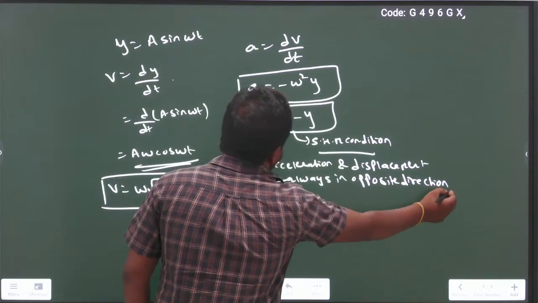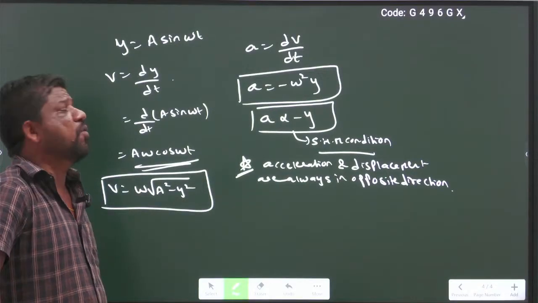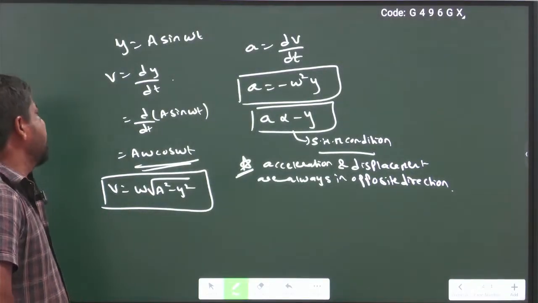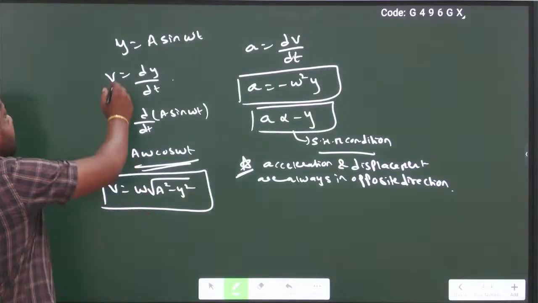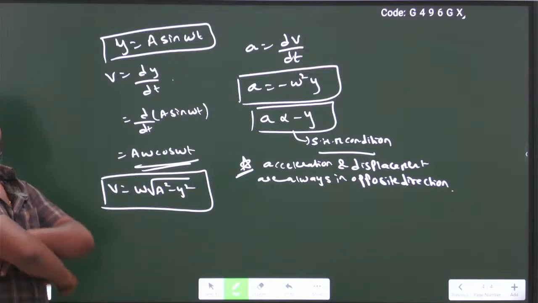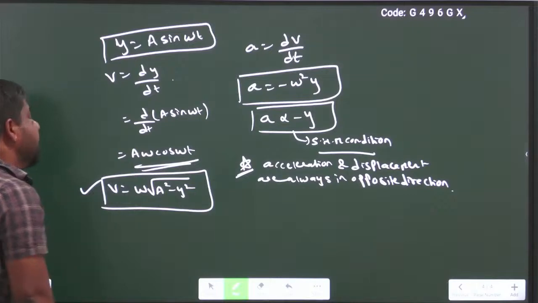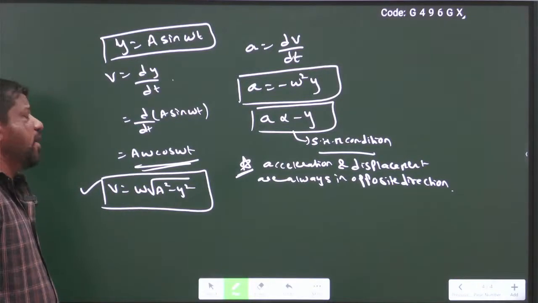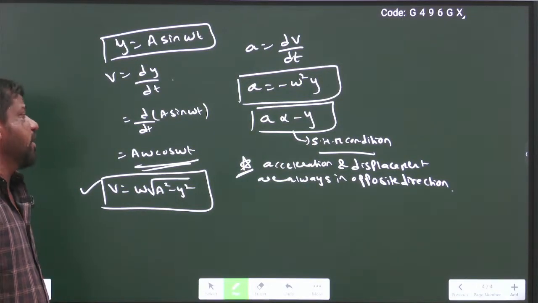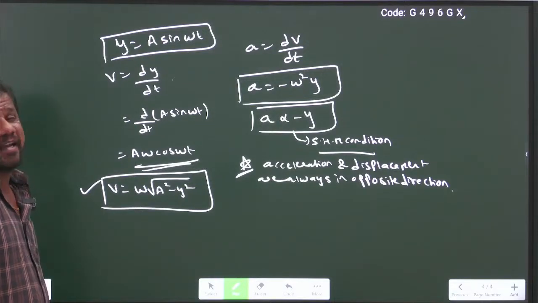What are the opposite directions? Acceleration and displacement. A is directly proportional to minus y. Now look carefully. What is the basic equation? Y is equal to A sin omega t. What is the formula for velocity? V is equal to omega into under root A square minus y square. What is the formula for acceleration? A is equal to minus omega square y.